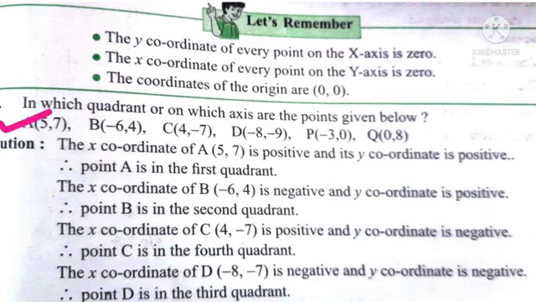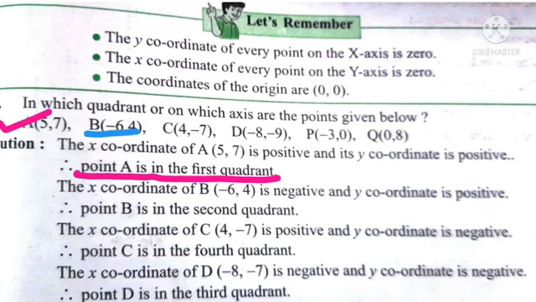Observe here, the x coordinate of A is 5 and the y coordinate of A is 7, both are positive. So here the x coordinate is positive and the y coordinate is positive. Therefore point A lies in the first quadrant. Then see the next point B (-6, 4).